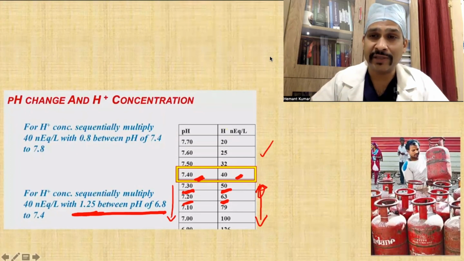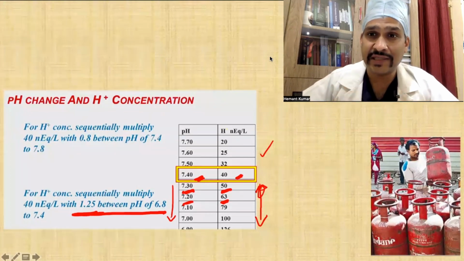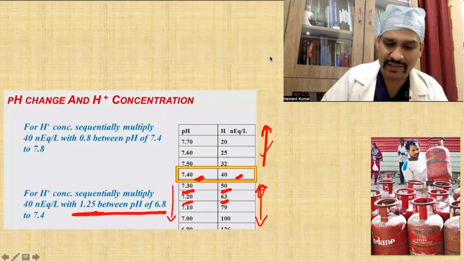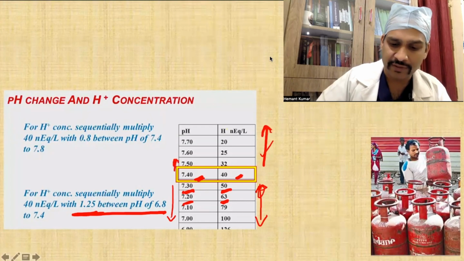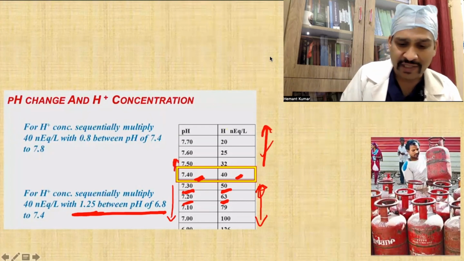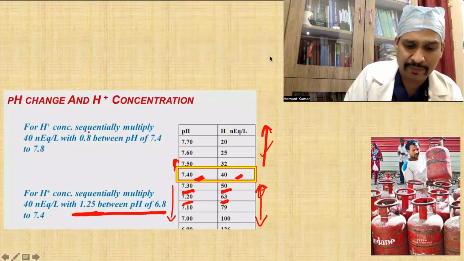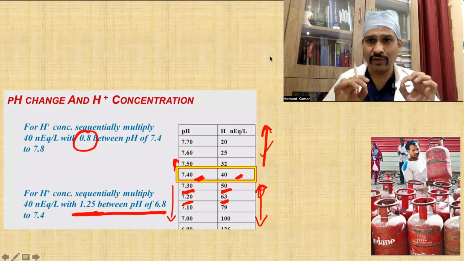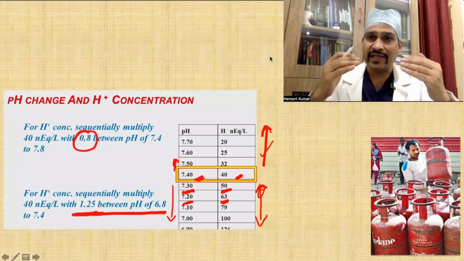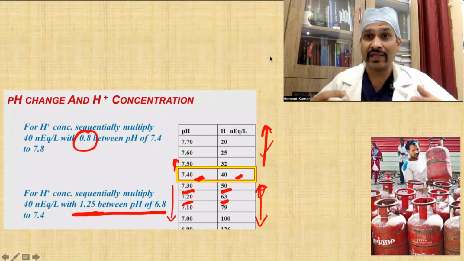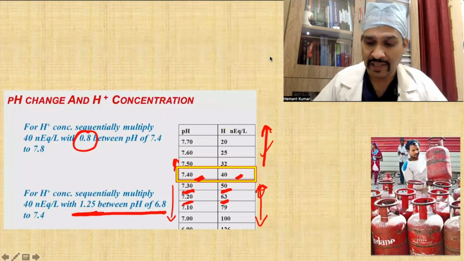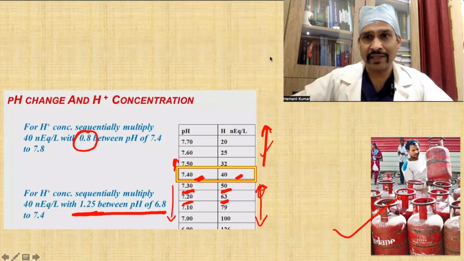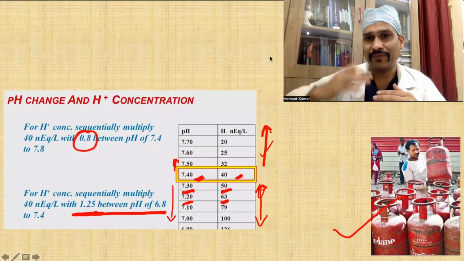But it is not the same when H+ concentration is decreasing. When pH increases by 0.1, the H+ concentration decreases by 0.8 times. So what do you understand by this? When H+ concentration is increasing, it increases more, like the price of a cylinder, which increases exponentially.